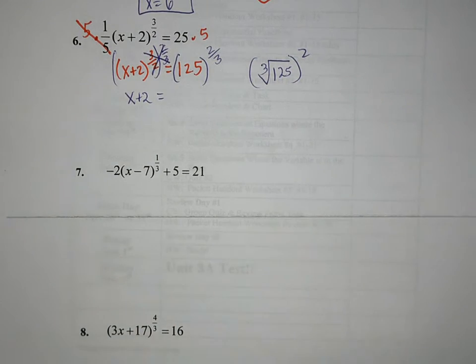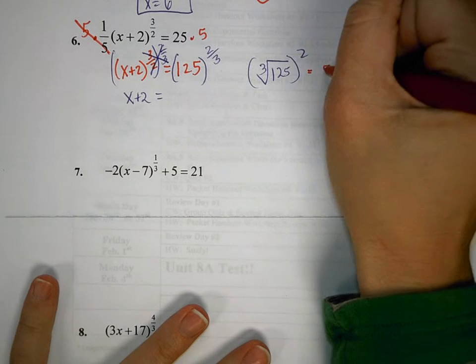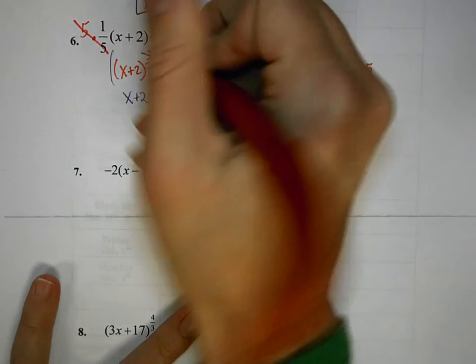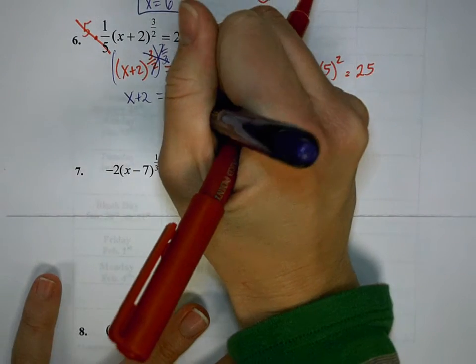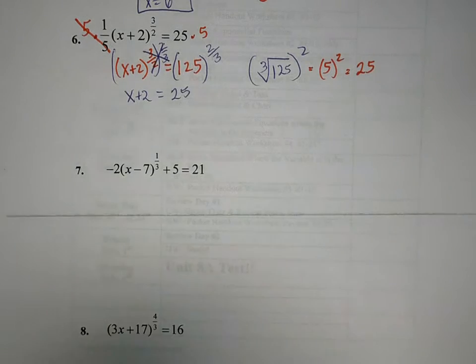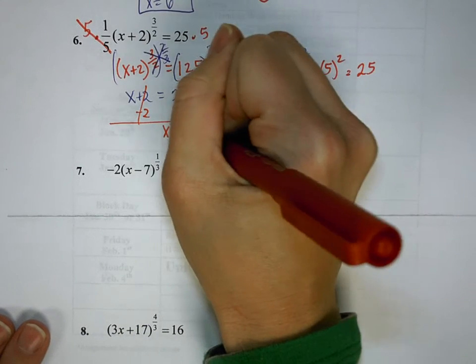If you ever want to double check on cubes, you have all your cubes on the wall if you want to check it. A lot of these you should hopefully have memorized, but the cubed root of 125 is 5, and 5 squared is 25. So I have x plus 2 equals 25, and then to solve this, and so what is my answer? Perfect.